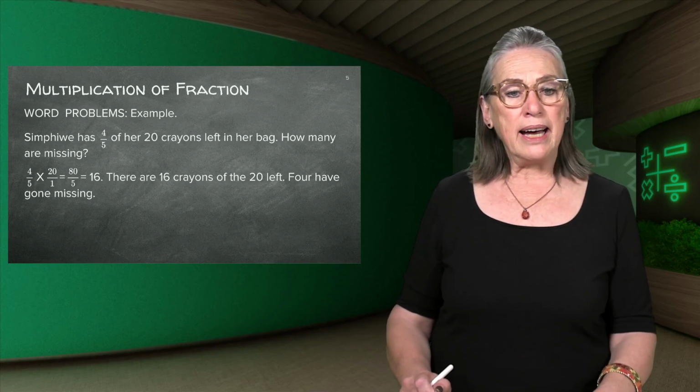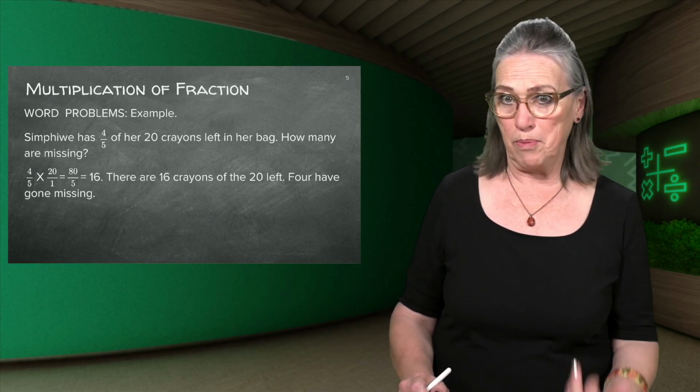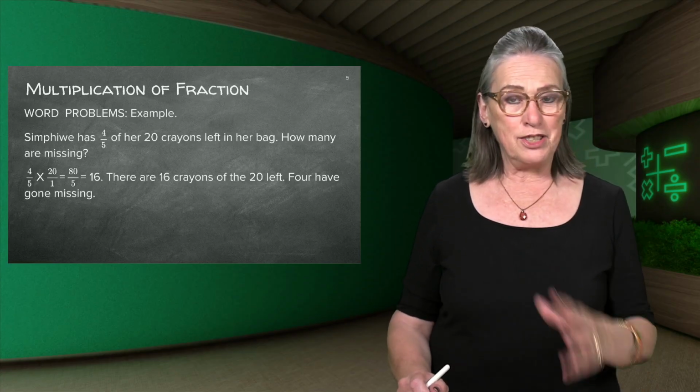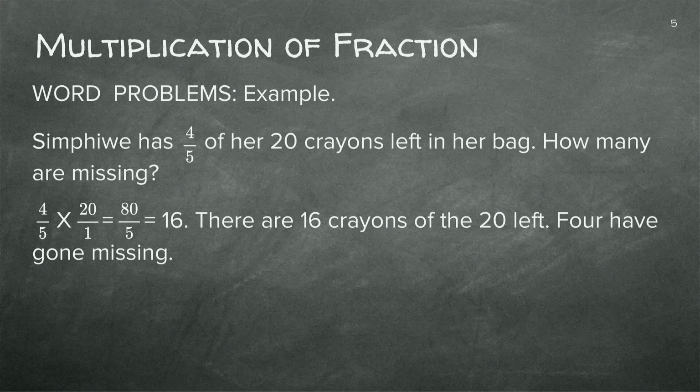So multiplication of fractions in word problems. Okay, so let's do that one. Simpiwe has 4/5 of her 20 crayons left in her bag. How many are missing? Okay, 4/5 of 20, so that is immediately there.